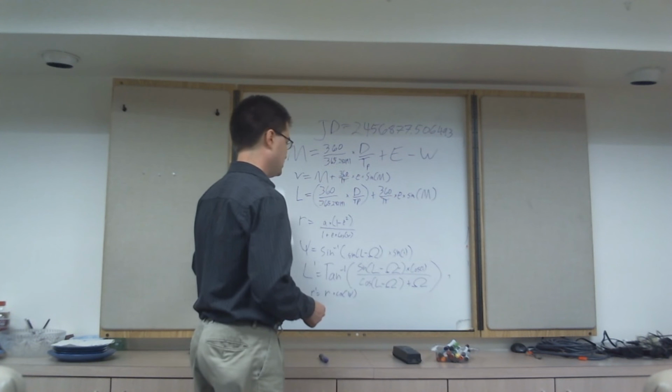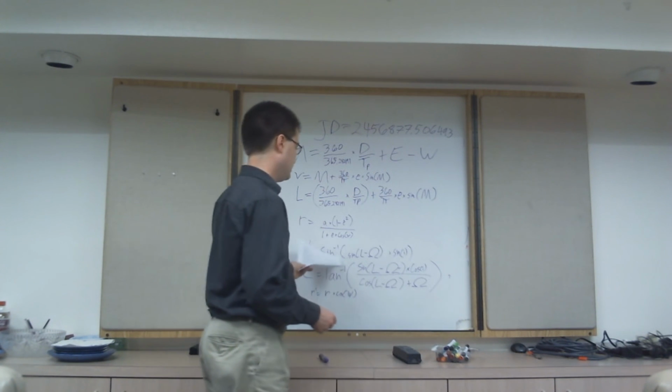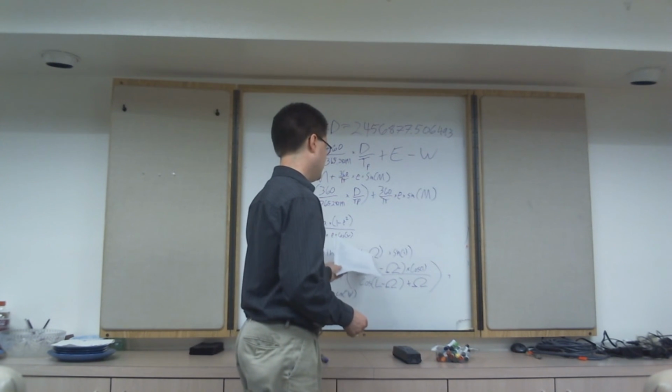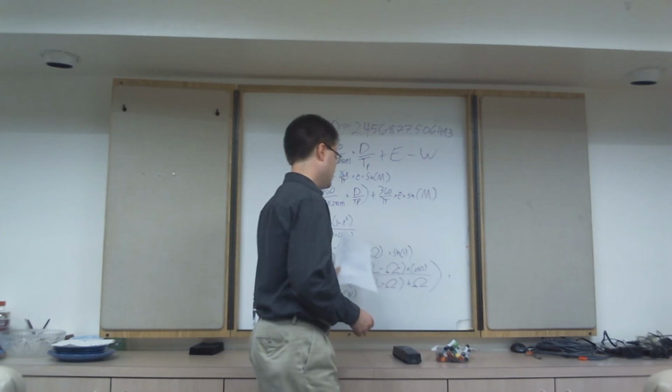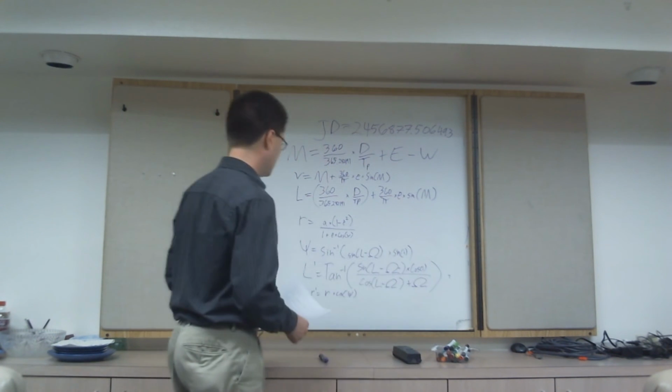Now we need to calculate the heliocentric latitude, which will be the arcsine of sine heliocentric longitude minus longitude of ascending node times the sine of the inclination.